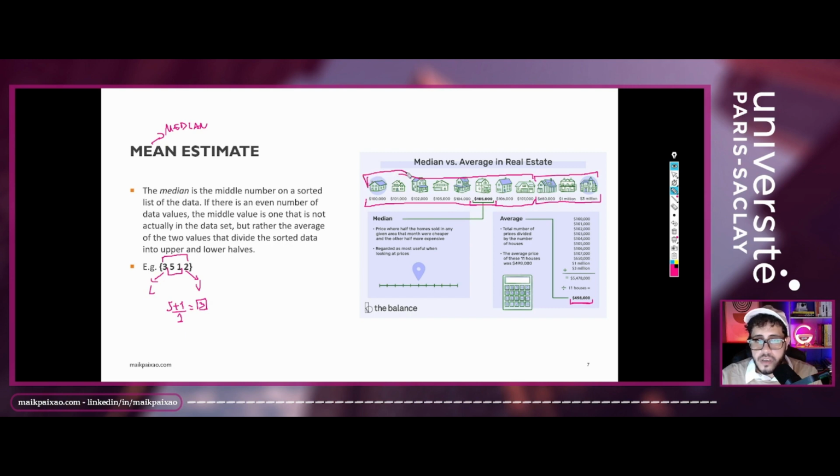But we can see that the median is really not affected by these outliers. This house is too expensive, and we get only the central value, and you can see that we can represent it well with the median instead of the mean in this example.